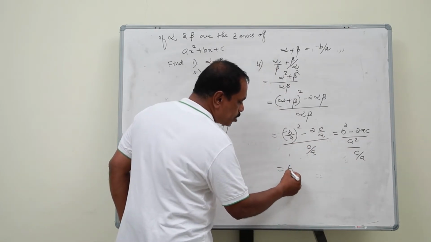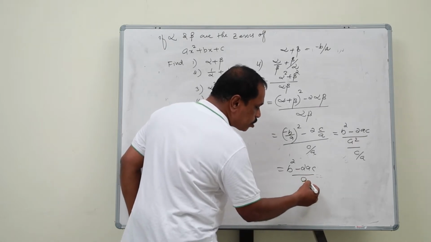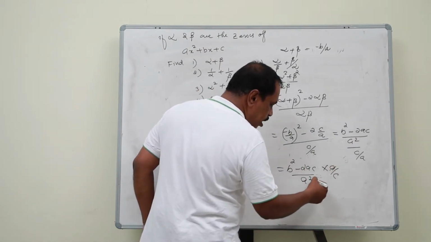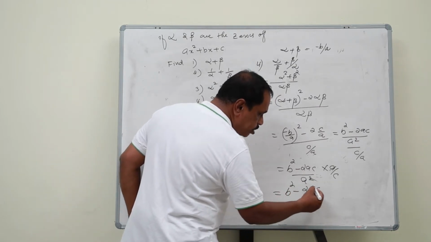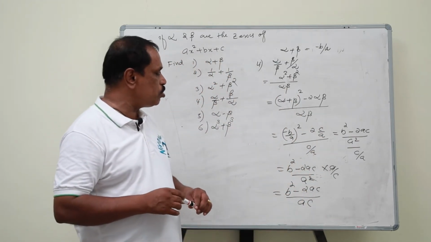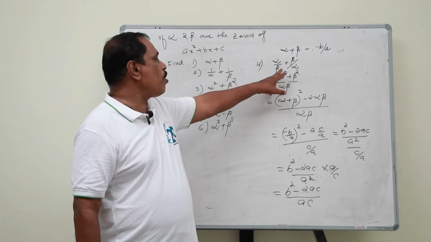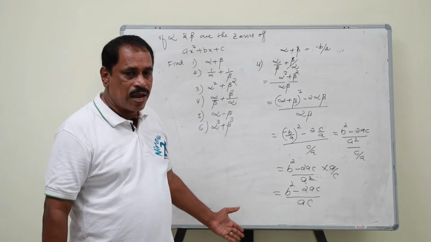Multiply b square minus 2ac by a square into a by c. Cancel. So we get b square minus 2ac by ac. b square minus 2ac by ac is alpha by beta plus beta by alpha. Clear?